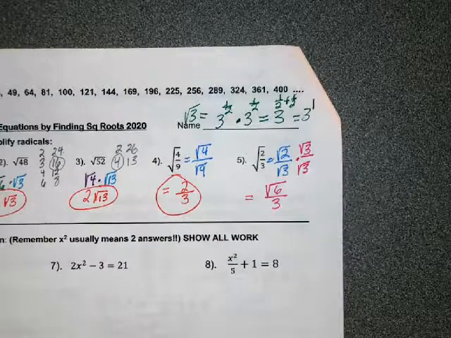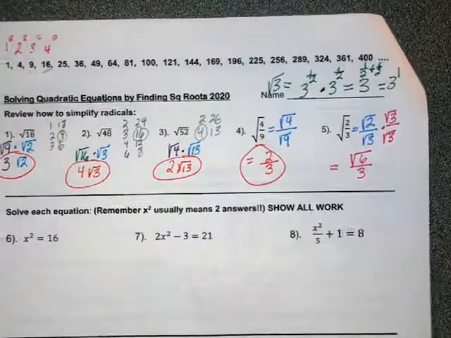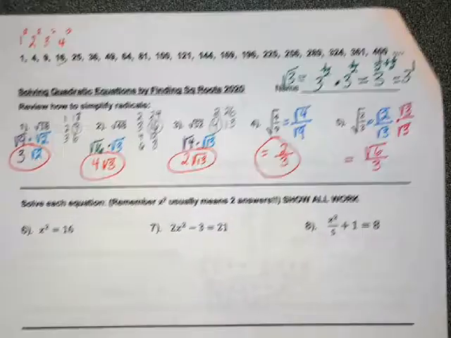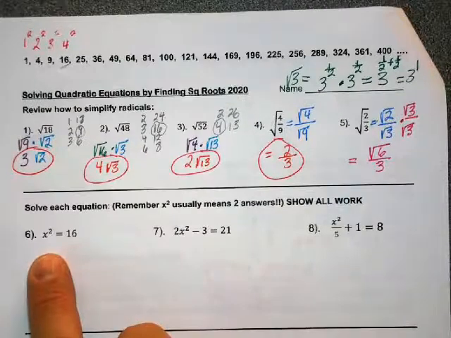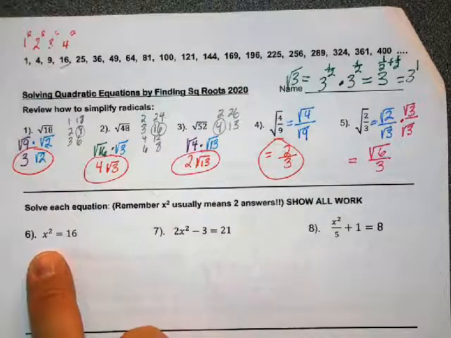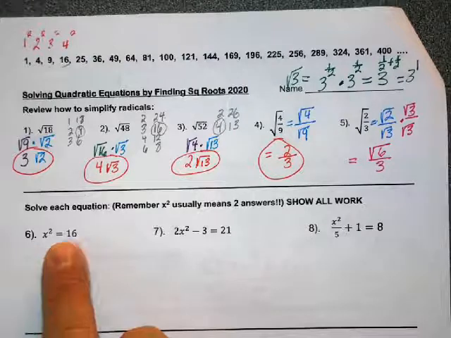Okay, now we're going to do some variables, right? So this gets a little tricky because look at number 6. It's an equation. I have to get x by itself. You're saying, well, x is by itself. No, it's not. It's x times x. It's x squared. So x isn't by itself, right?